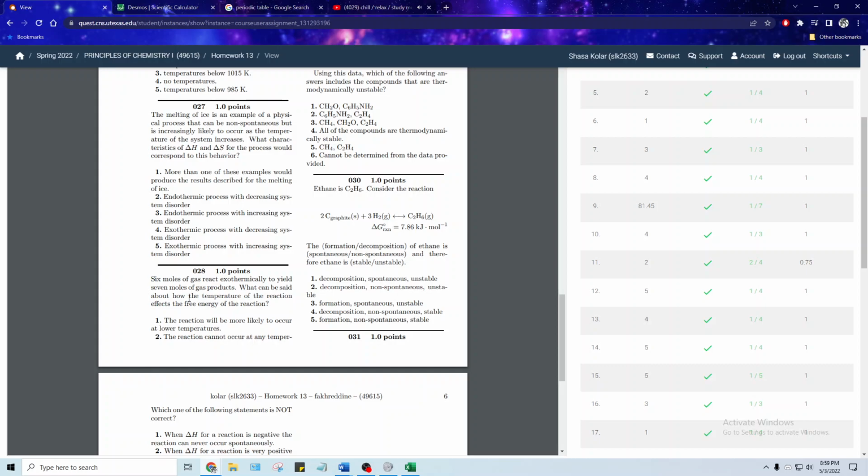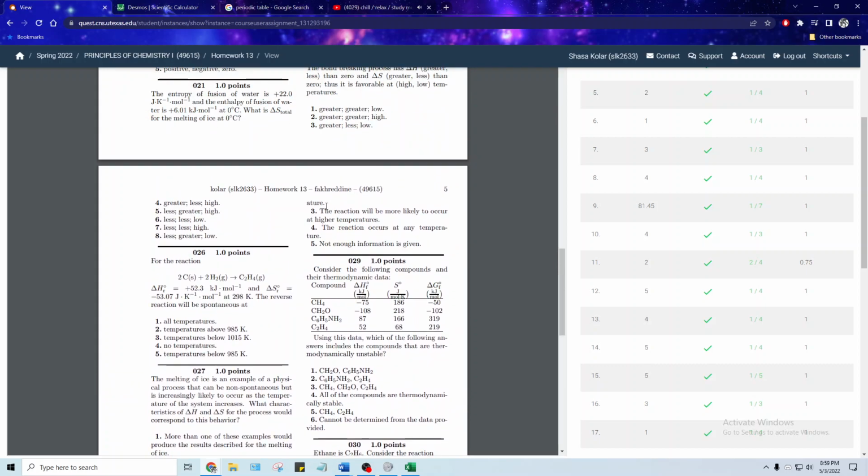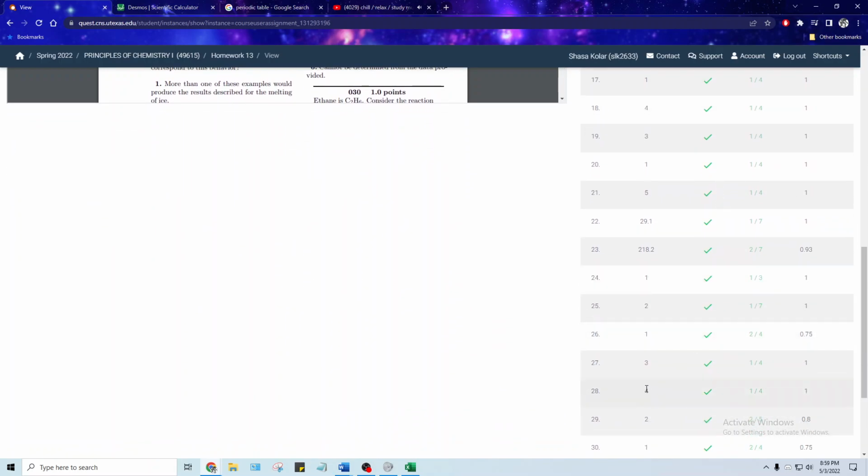So negative delta H, positive delta S means it will always be spontaneous, which is number 4. So 28 is 4. Okay.